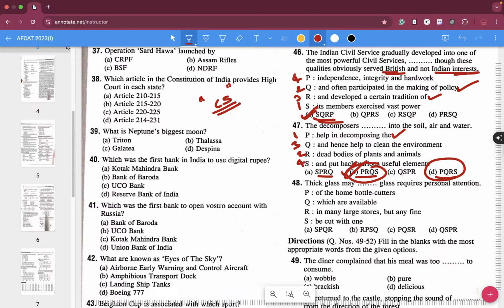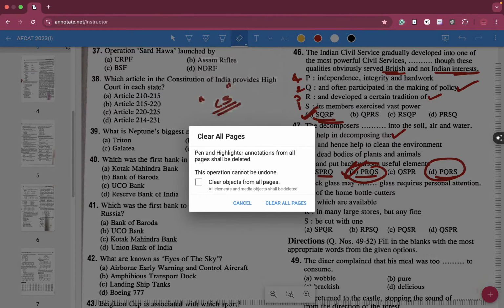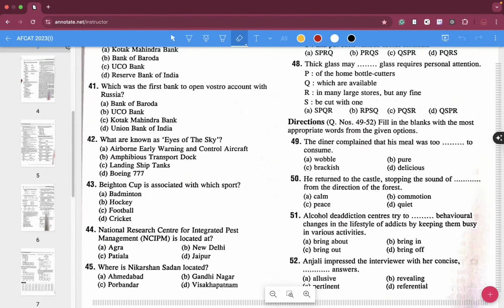Alright. Let's move on to the next question. Question number 48. Thick glass may be cut with one, which are available in many large stores.